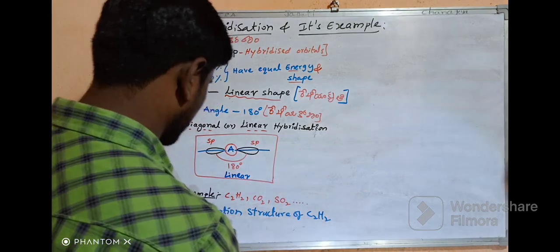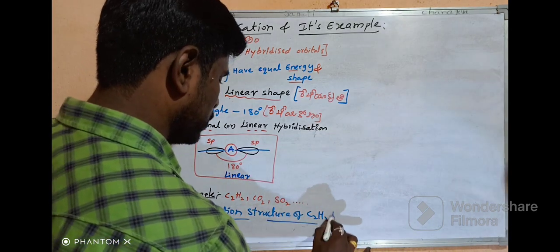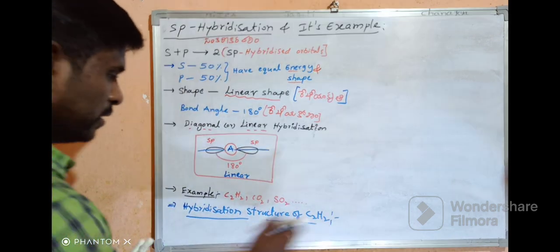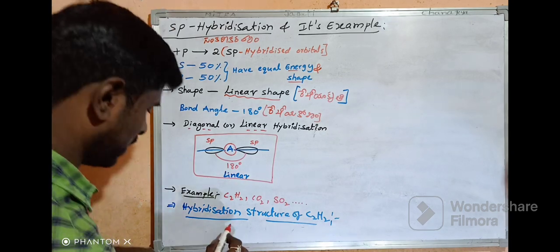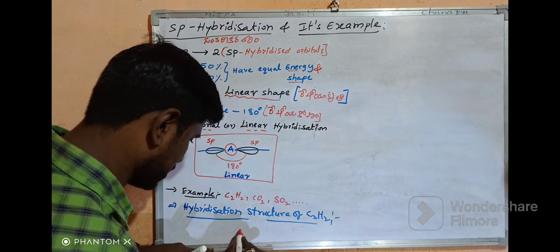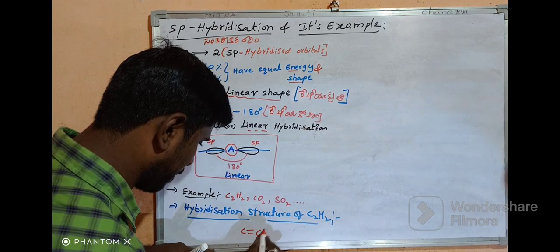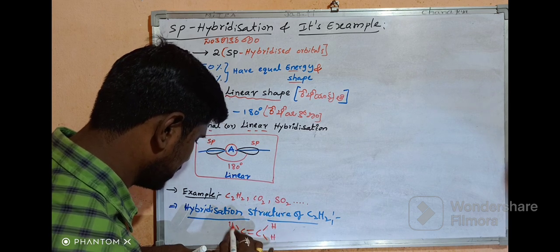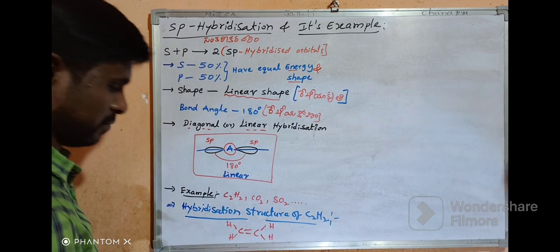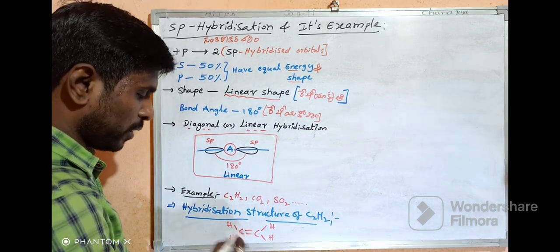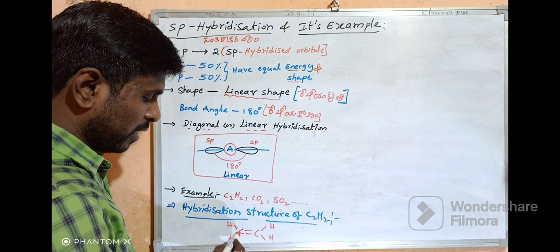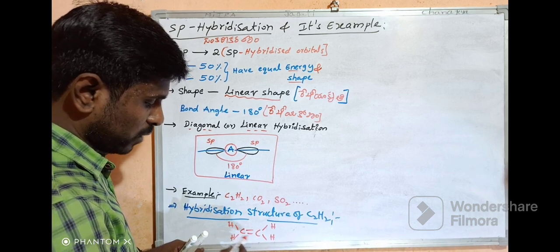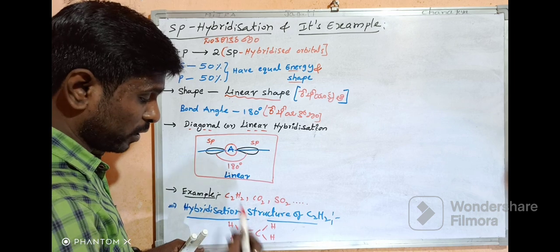There is a bond between the two carbons, and between each hydrogen and carbon there is a single bond.